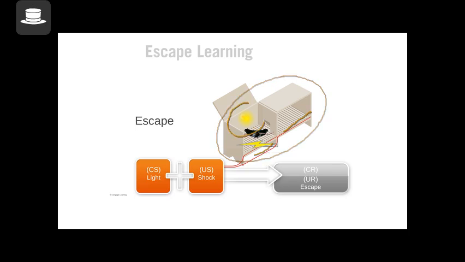A light and a shock are turned on at the same time. The animal learns to escape the aversive stimulus by running to the other non-electrified compartment. Keep in mind that escape learning occurs after the fact. An example of escape learning is putting numbing cream on your skin after you have been badly sunburned.